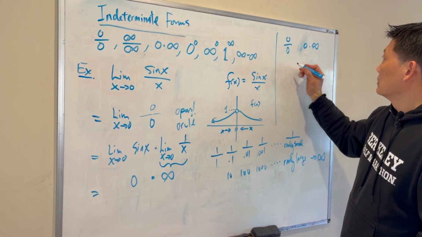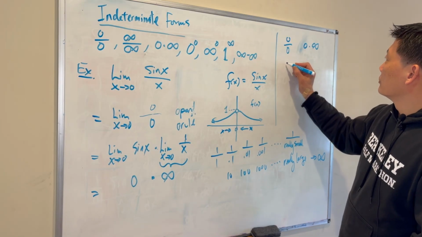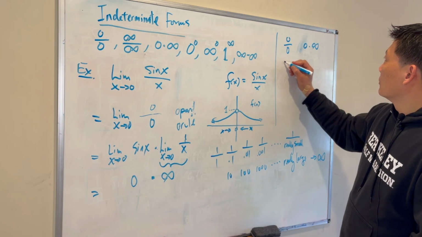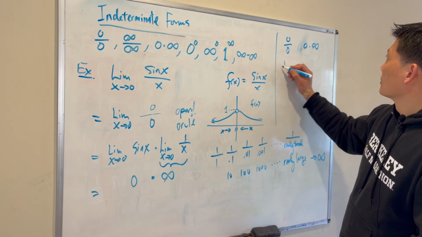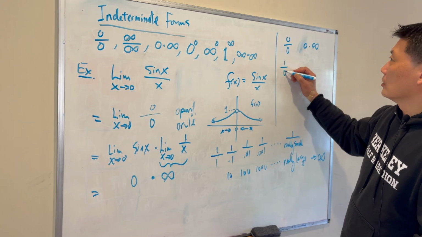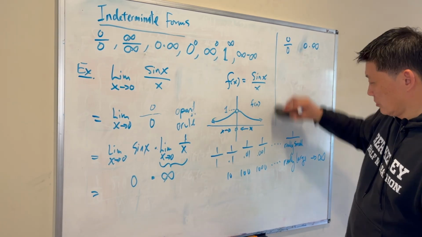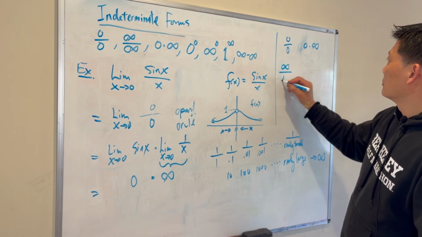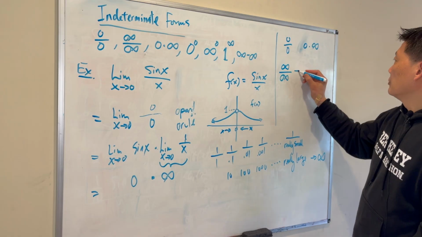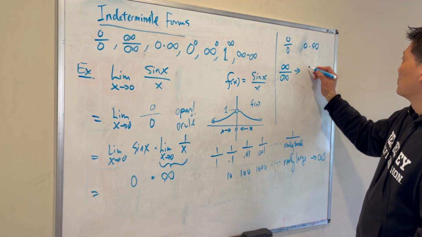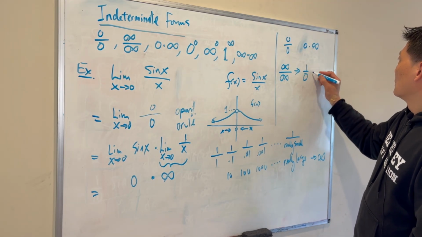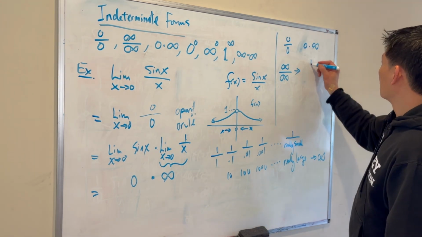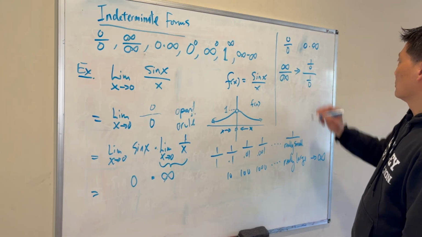But what about infinity over infinity? Let me help you think of it this way. You can actually look at it as 1 over 0 divided by 1 over 0.